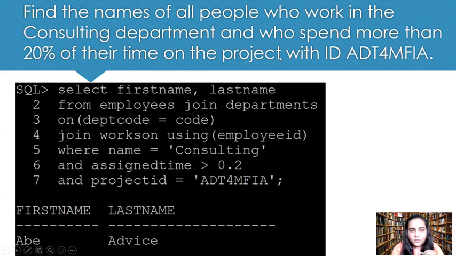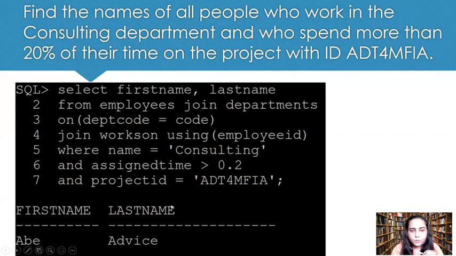And then the next condition is that the time should be 20%. So I've done assigned time greater than 20%. And one more condition is that the project ID should be ADT4MFIA. So that's what I've added, one more condition over here. And after doing all this, this is the result that I get.